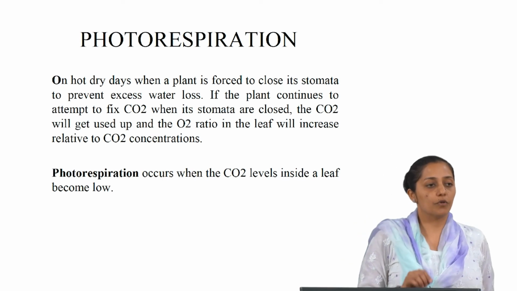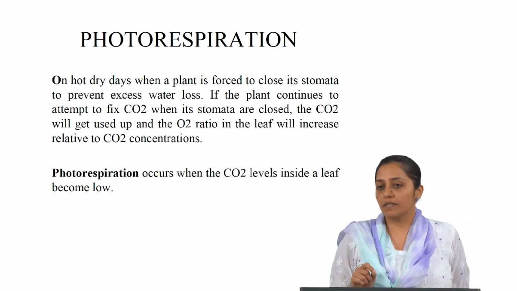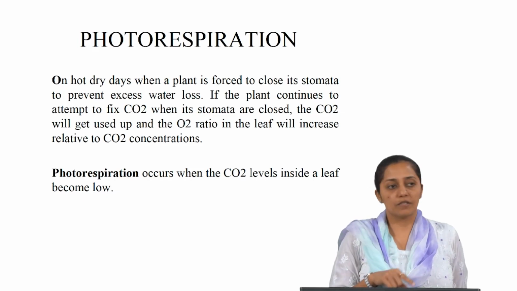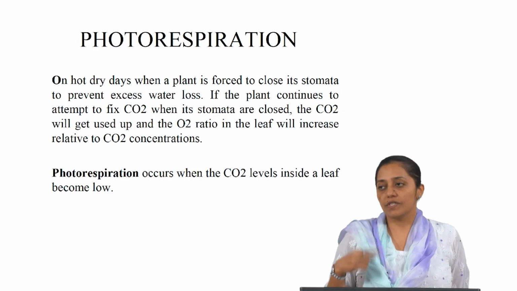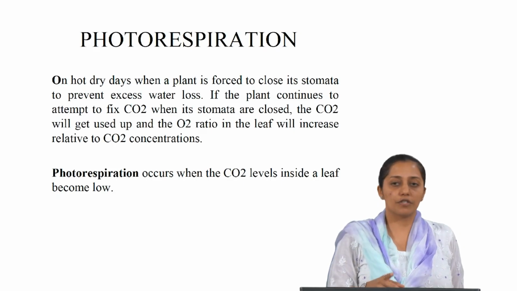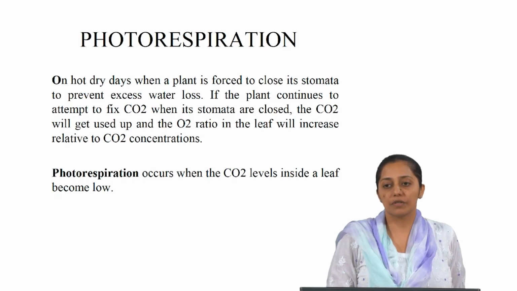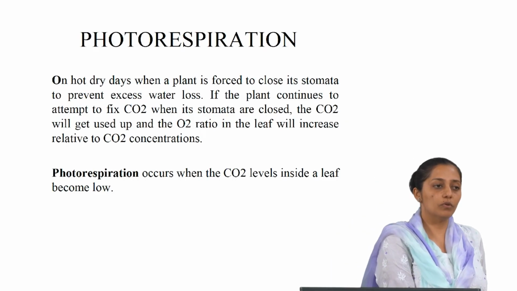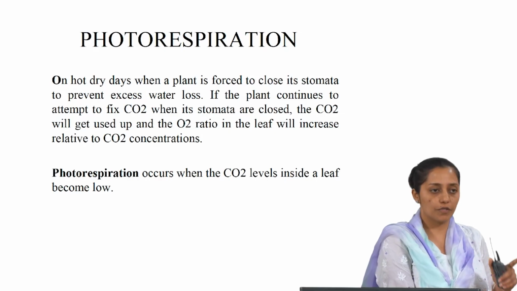So what happens in photorespiration? On very hot days, the stomata is closed. Once the stomata is closed, there is no gas exchange. The CO2 is continuously getting utilized. Then again, as I said, the relative concentration of CO2 to O2 is reduced. So now rubisco is combining with O2 to give you a toxic molecule, phosphoglycolate.